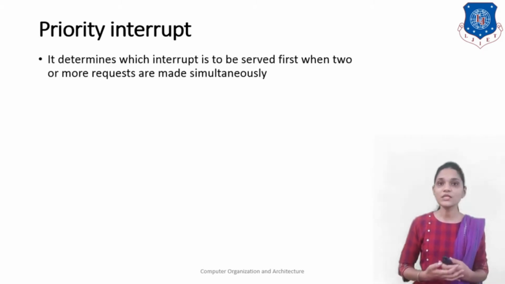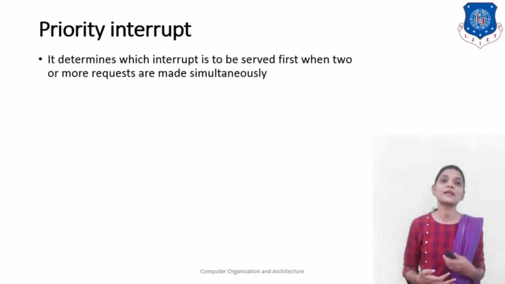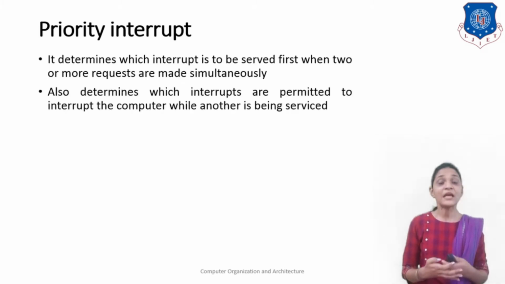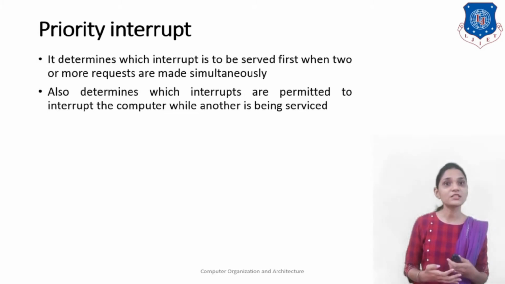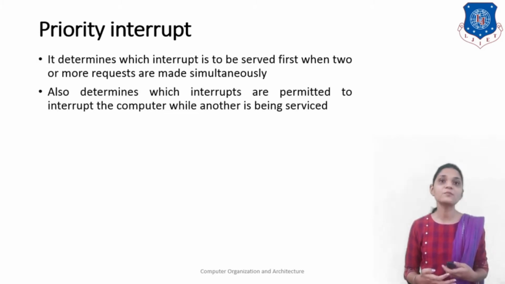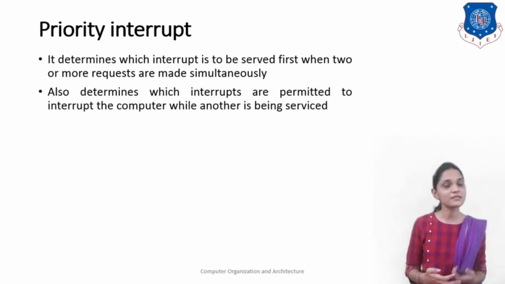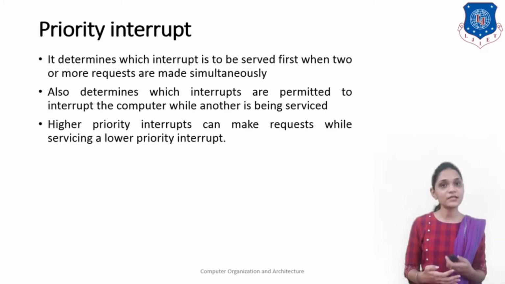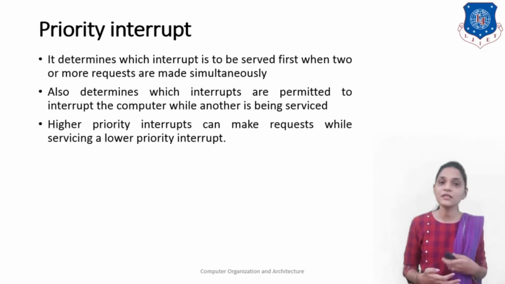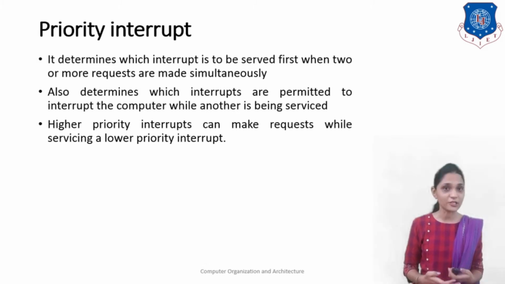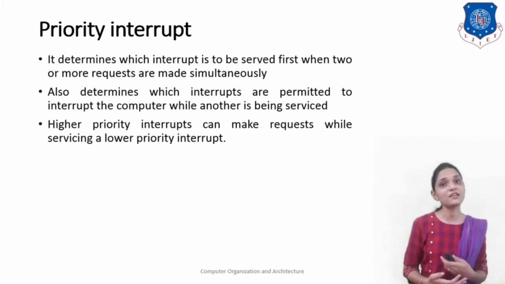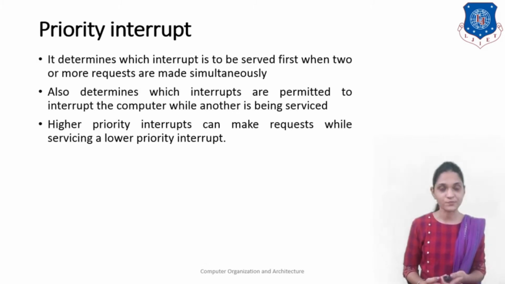It determines which interrupt is to be served first when two or more interrupt requests are made simultaneously. It also determines which interrupts are permitted to interrupt the computer while another is being serviced. Higher priority interrupts can make requests while servicing lower priority interrupts. So this can be decided by prioritizing the interrupt.